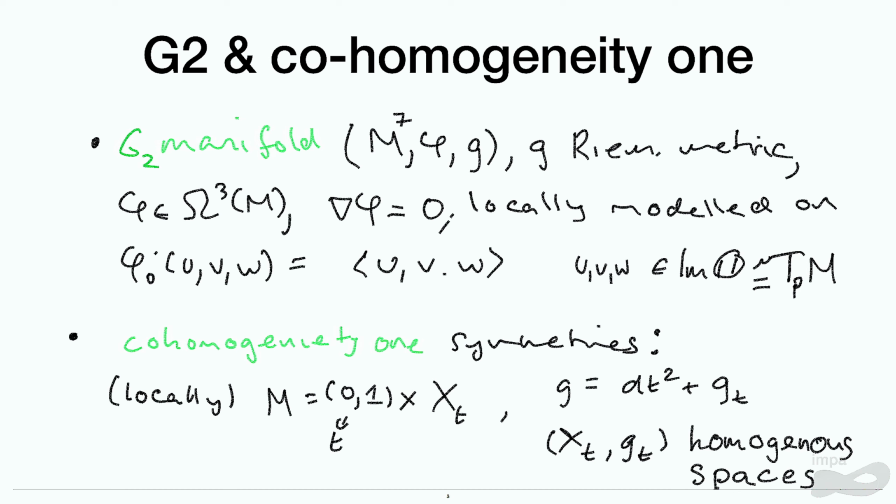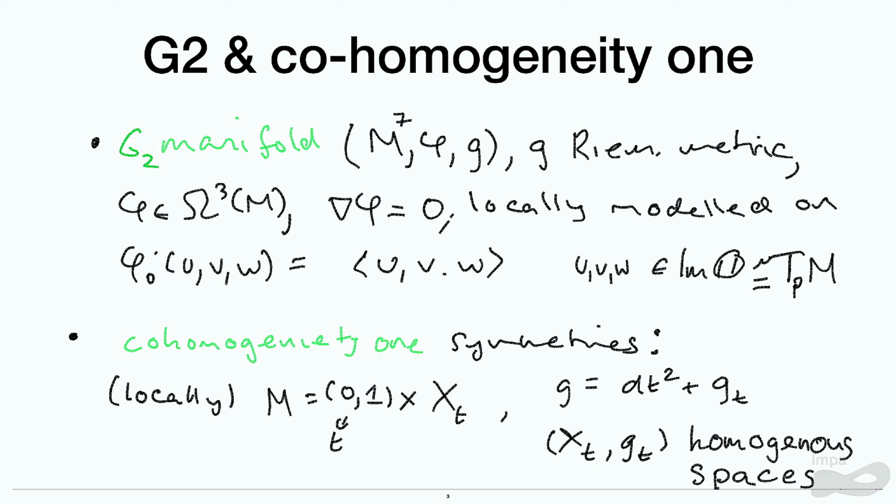The other word is cohomogeneity 1. A manifold has cohomogeneity 1 symmetries, which means essentially that locally I can describe my manifold as a product of an interval, let's say 0 to 1, and a family of homogeneous spaces parameterized by t, which I'm using to parameterize this interval.